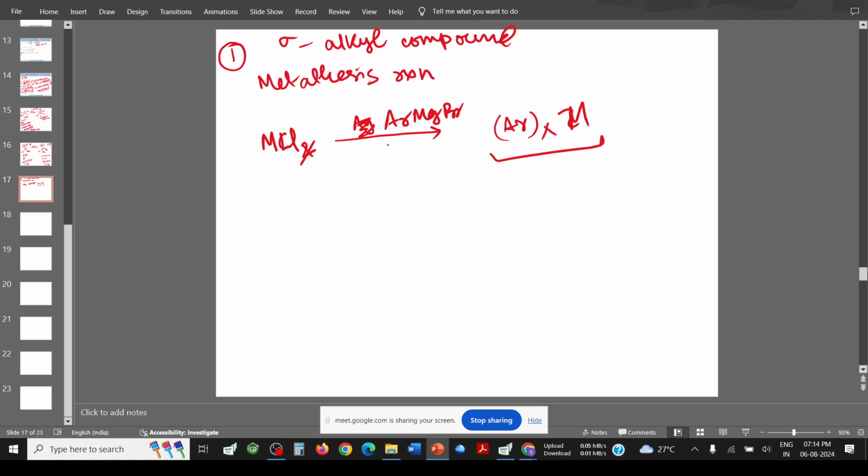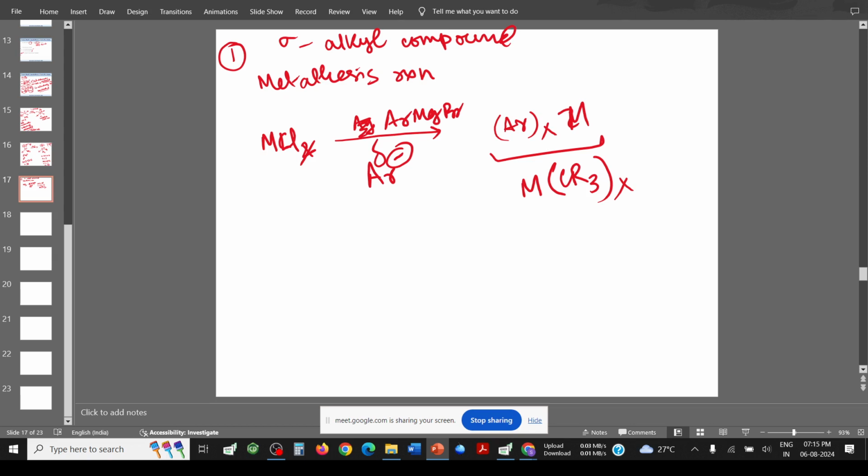Here we know that this AR is negatively charged, delta negative, as a Grignard reagent. It will replace all the labile halogen ligand or any labile group to have these metal bound aryl complexes. So the metathesis reaction is one of the very common reactions.